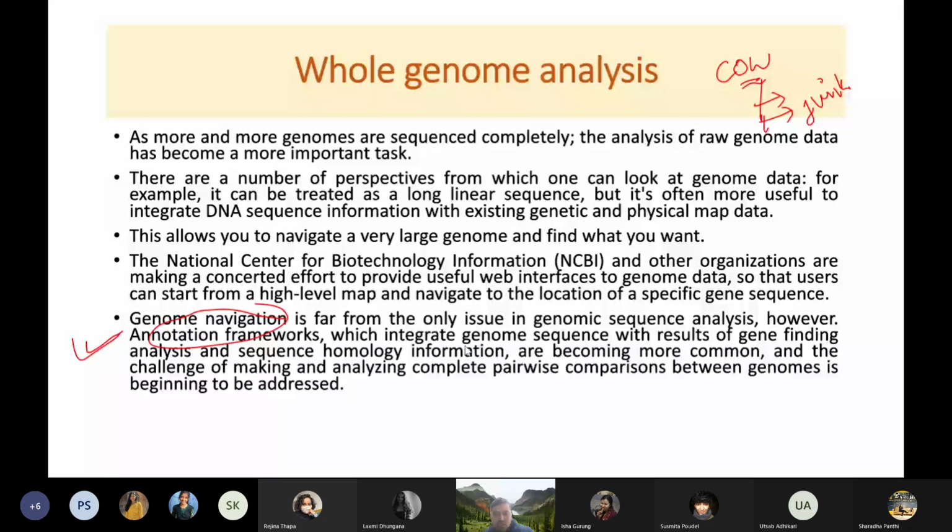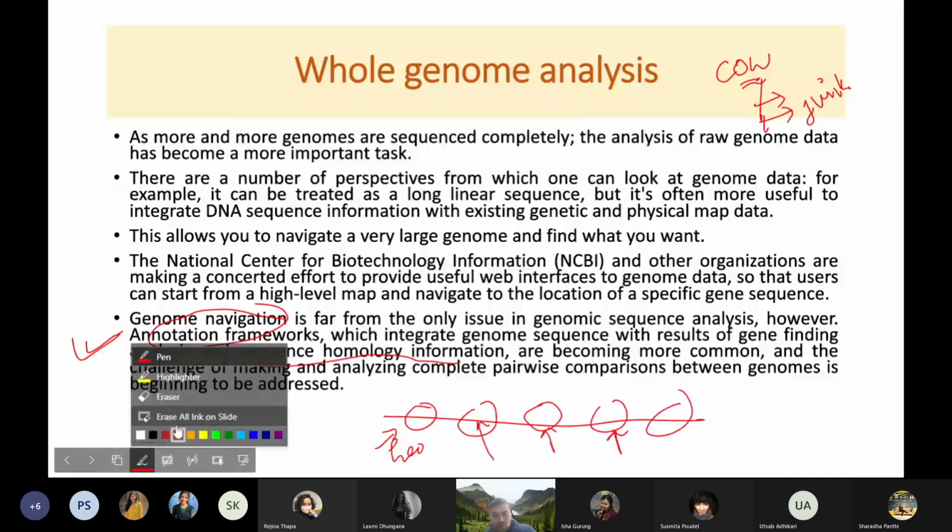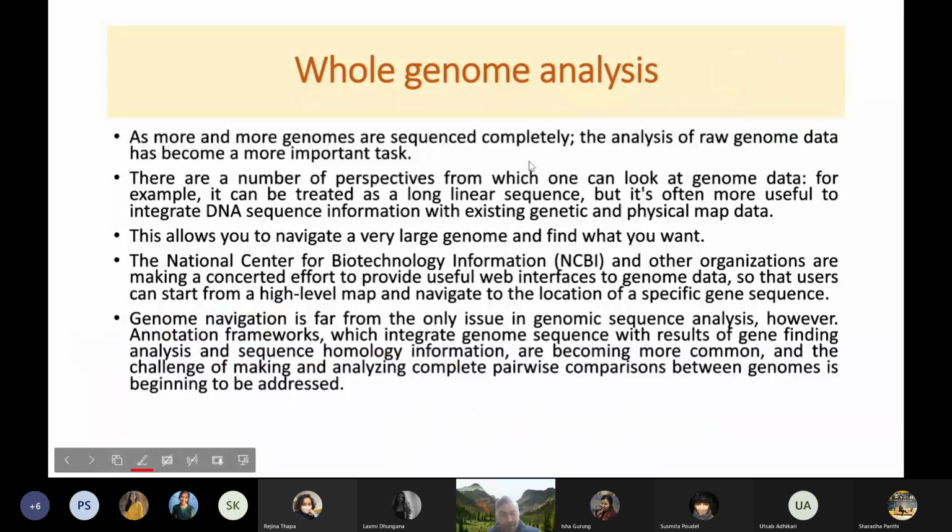So on the basis of sequence homology, if you have already identified in humans that this site has the hexokinase gene, this other site has another enzyme, you can extract that information. These are becoming more common, and the challenge of making and analyzing complete pairwise comparisons is also beginning to be addressed. This is just starting now, complete genome pairwise analysis.